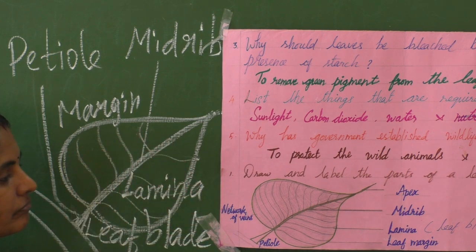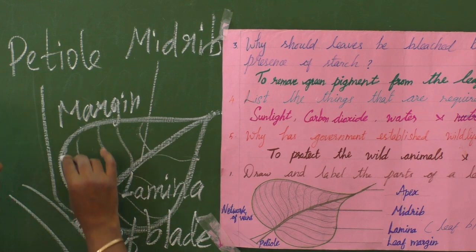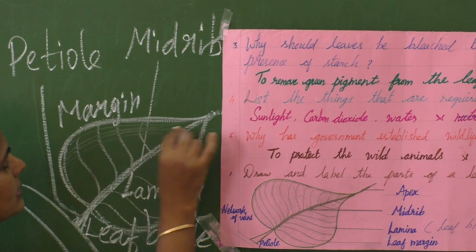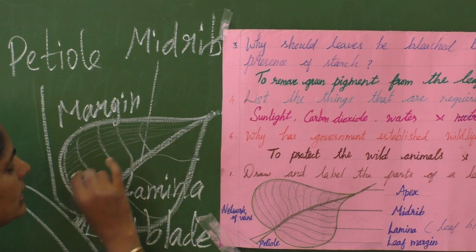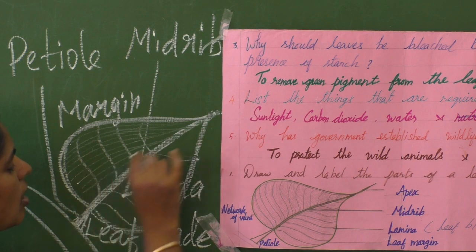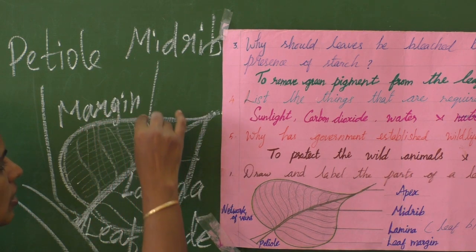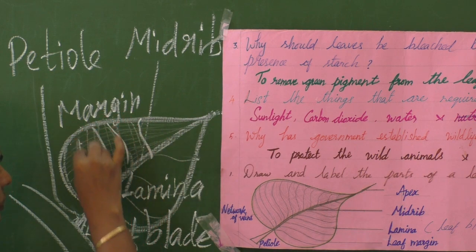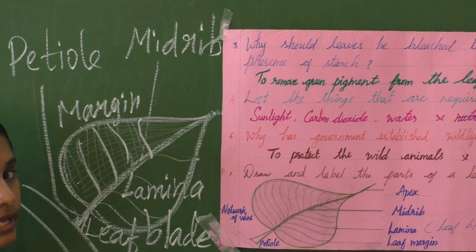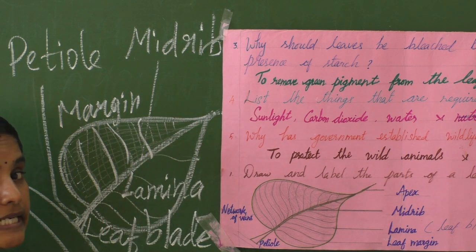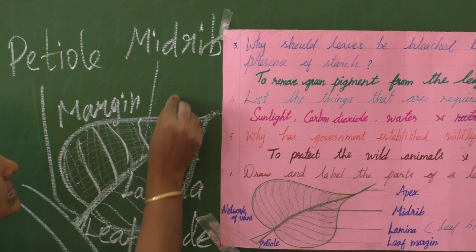Then you can draw very slight lines like this all over the leaf. Smaller lines you draw like this indicate the veins.